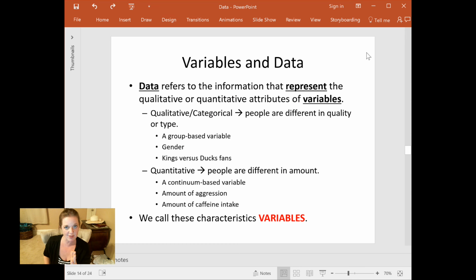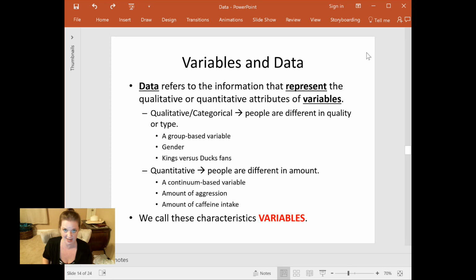Another child has a score of 32 on an index of 0 to 60. Another child has a score of 5. There's a continuum there where people are different in terms of amount, in terms of quantity.